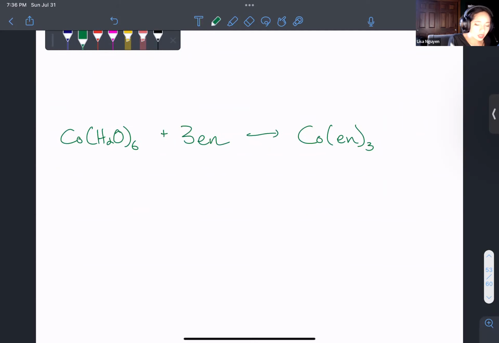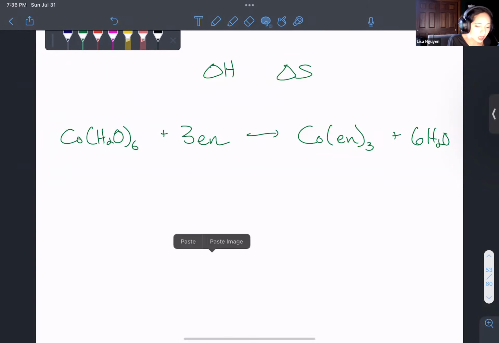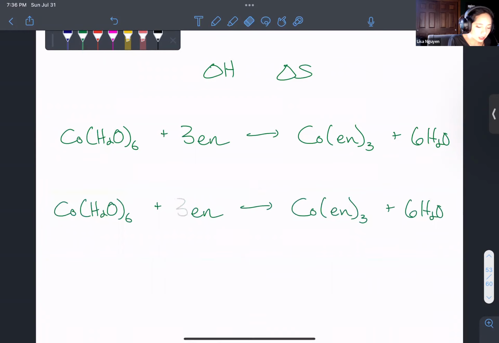You can think about it in two steps: the enthalpy component and the entropy component. Compare it to a reaction where, instead of ethylene diamine, we connect 6 ammonias, because ethylene diamine is essentially just 2 ammonias stuck together.